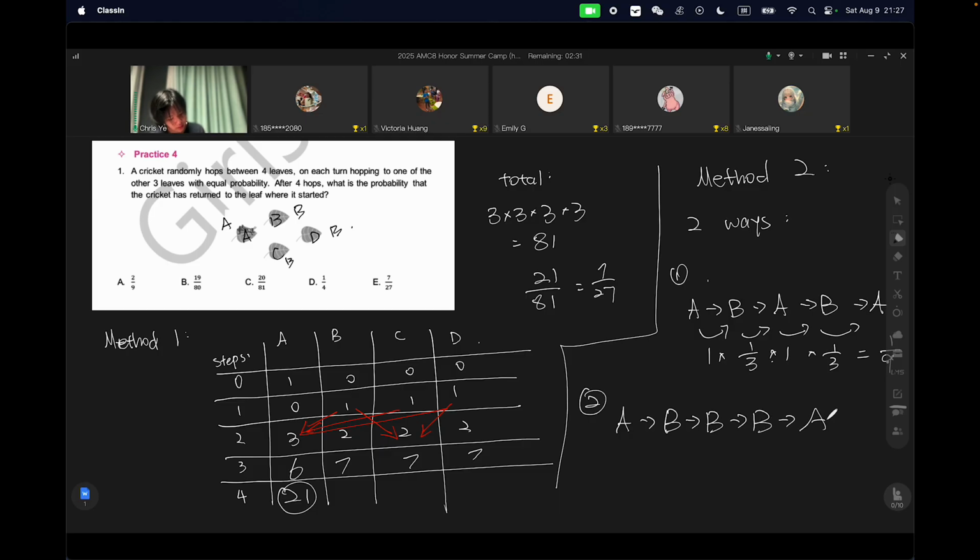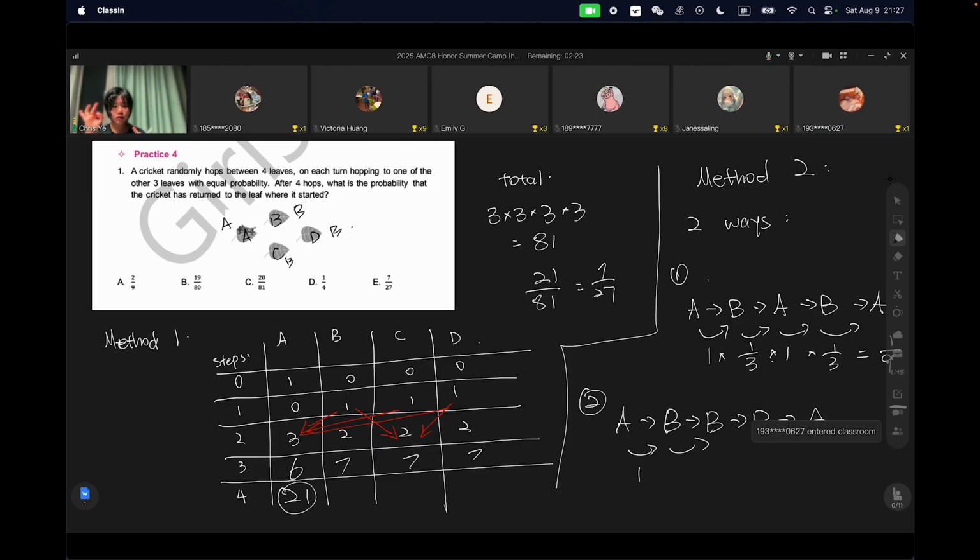So again, the probability of A jumping to B is 1, and the probability of B jumping to B is 2 out of 3, because there are 3 leaves that it can jump to, and only 2 of them are B. So it will be 2 out of 3, then 2 out of 3 again. And lastly, B goes back to A as we said before. The probability will be 1 out of 3, and we will end up with 4 out of 27.